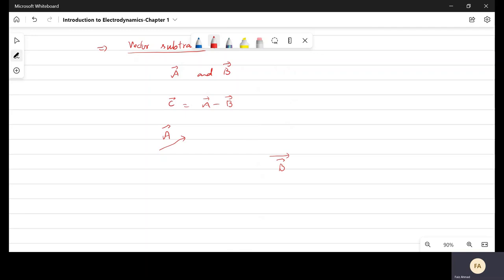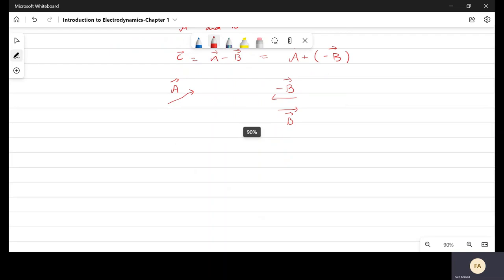So vector minus B is the same magnitude as vector B but in opposite direction, or you can write this one as A plus minus B.